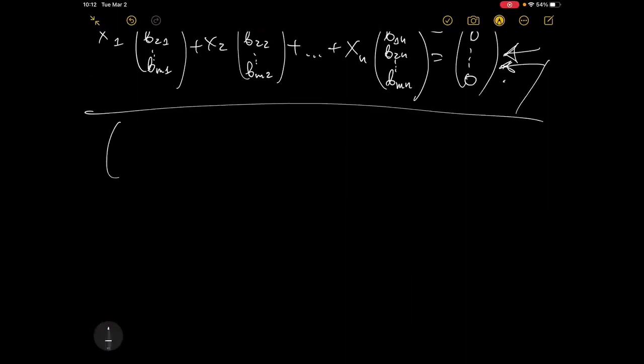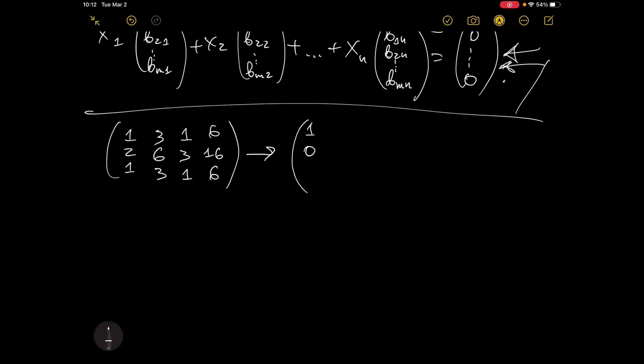If I start from 1, 2, 1, 3, 6, 3, 1, 3, 1, 6, 16, 6, I can bring it to the following reduced row echelon form.